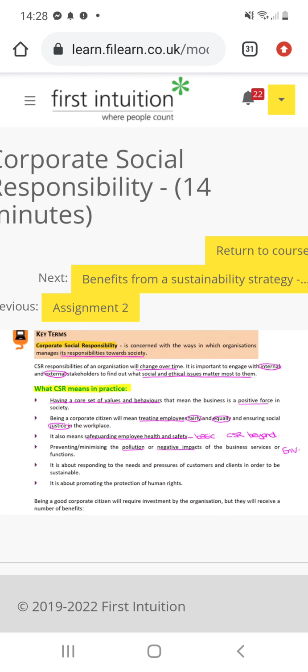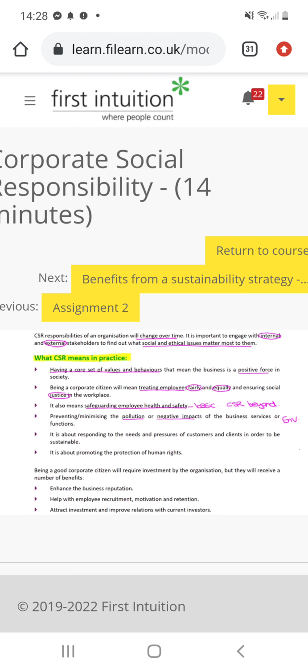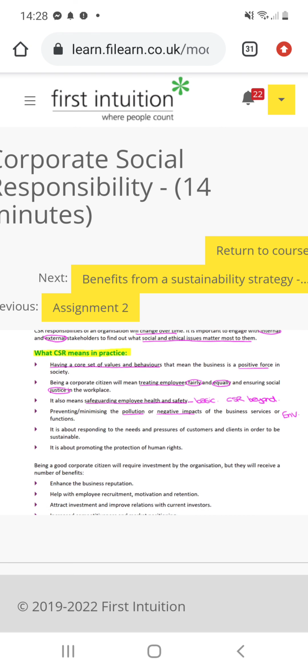We do need to consider a broader range of stakeholders as well. It's about responding to the needs and the pressures of customers and clients in order to be sustainable. So, an external focus as well. What do these stakeholders want and what is important to them?